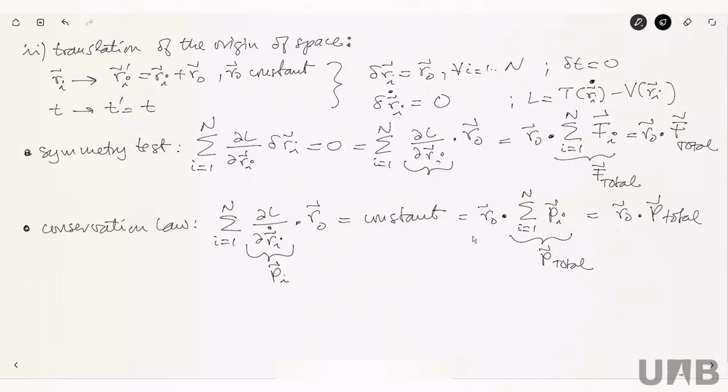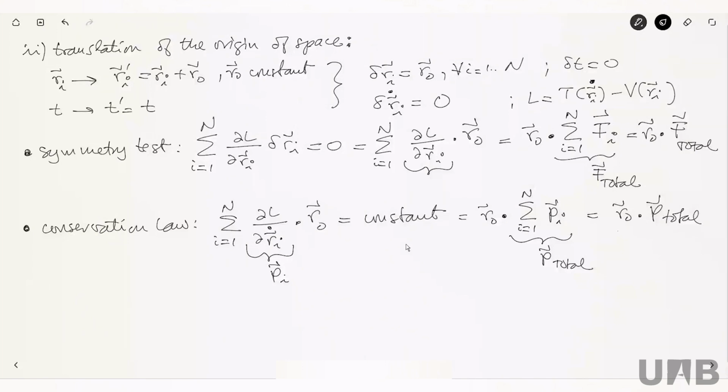Now, if the system is such that this R0 can be in any direction, so it can be in the x direction, in the y direction, or in the z direction, then the total force, not in one direction, but in all directions, has to vanish. And then the total linear momentum as a vector in the three directions has to be constant, right?